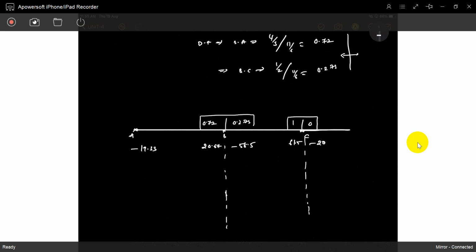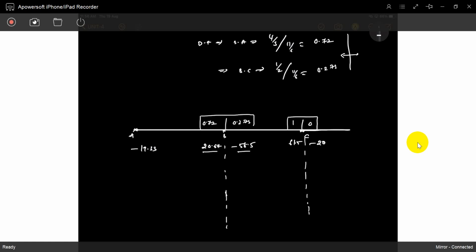Now you can observe. How much is the difference between 20 and 58? At least 38 point something, 37.9 something. I will do the exact values.